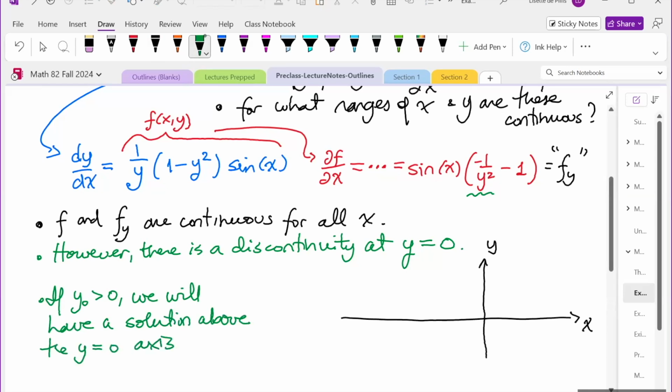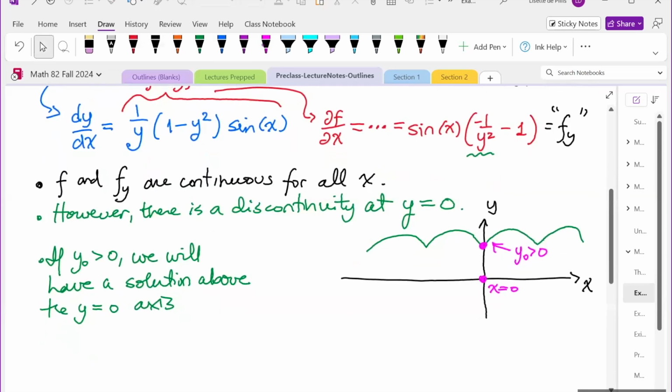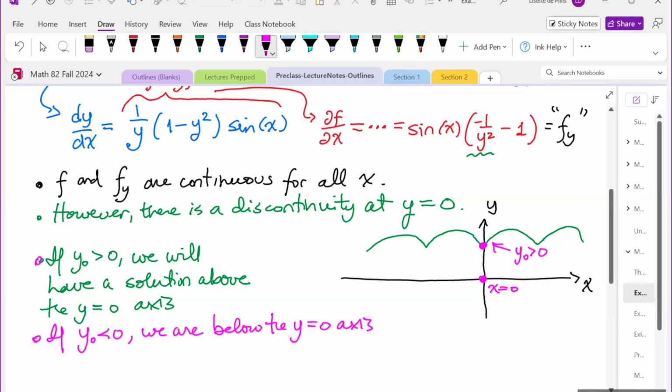At x equals 0, we have our y naught positive, and we'd have a solution that looks something like this. On the other hand, if y naught is negative, we are below the y equals 0 axis, and it comes down somewhere like this. This would be a y naught negative.